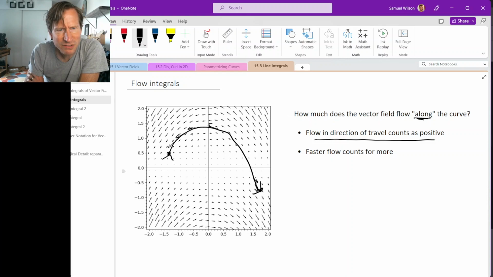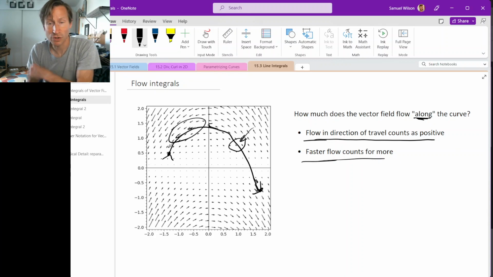Also, these places where the vector pointing against our direction of travel is longer, those should count for more than these places over here where the vector pointing against our direction of motion is smaller. So faster flow should count for more. So flow in the direction counts as positive, and faster flow counts for more.